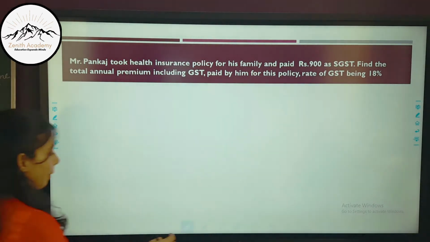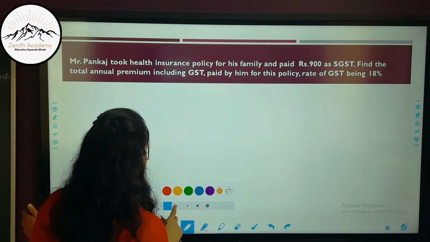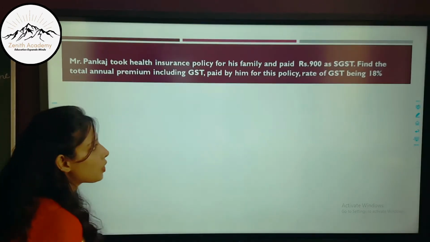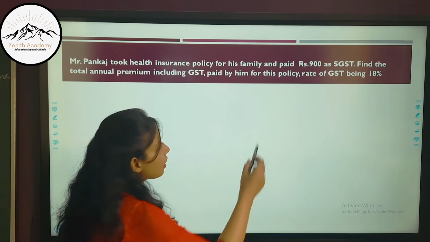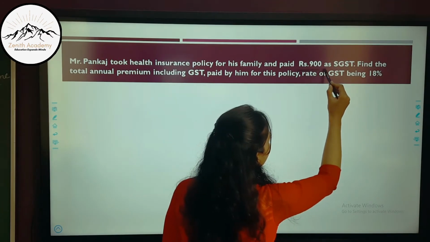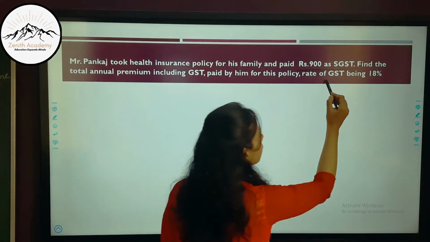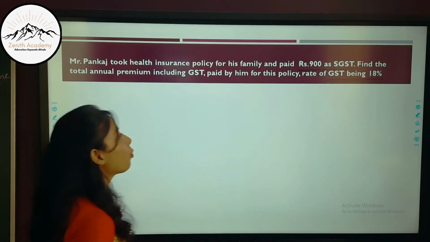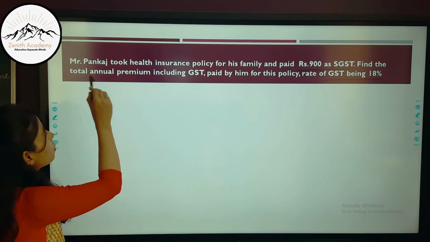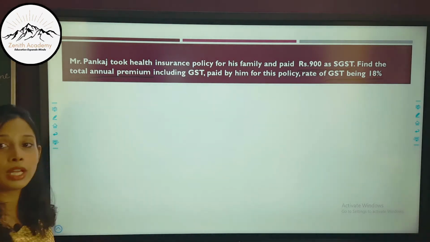See, this question is different in a way. We have been given the amount of SGST and the GST rate. What we need to find out is the total annual premium including GST.